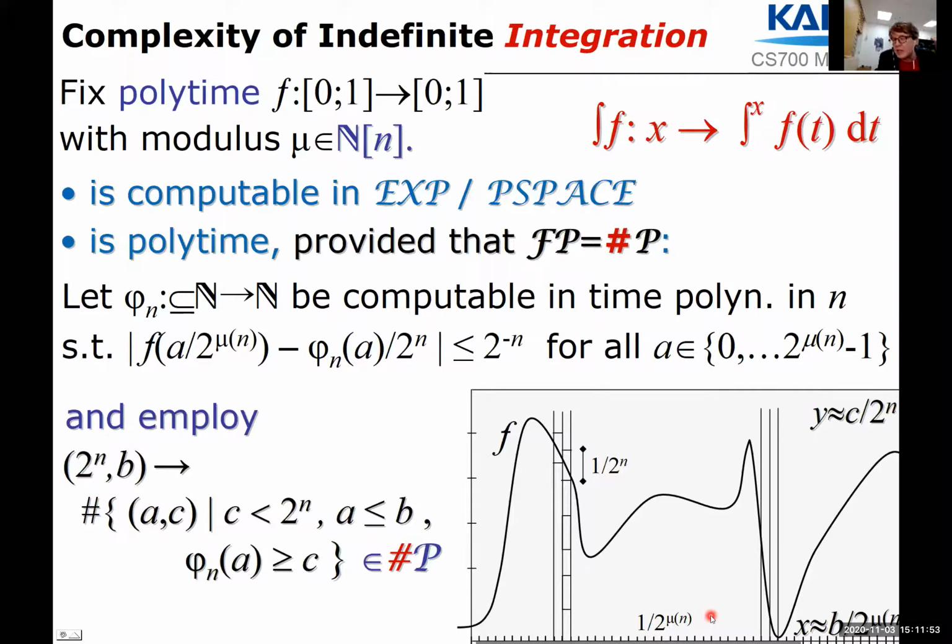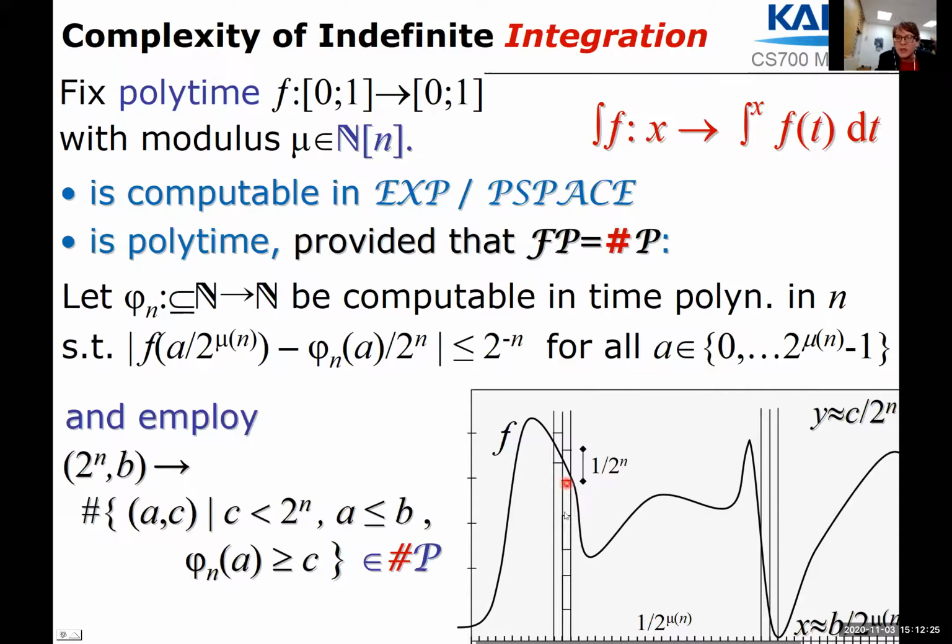And now the same analysis applies again. This is an exponential time algorithm. This is a polynomial space algorithm. The difference to the last slide is that now we don't record the maximum over all of these subintervals and blocks up to here, and then continue having a counter run up to the right maximization or integration bound.